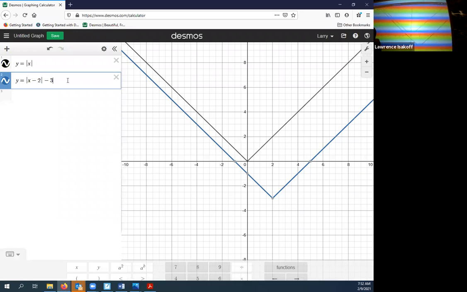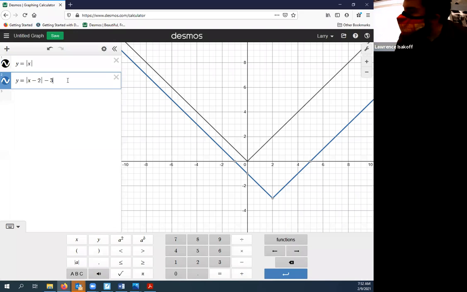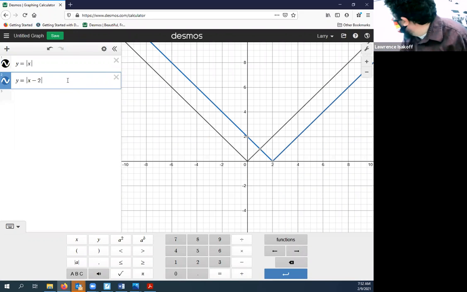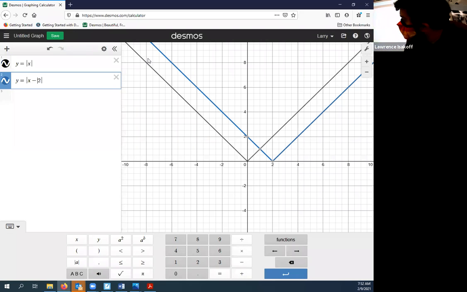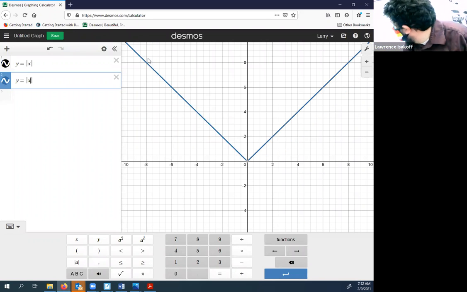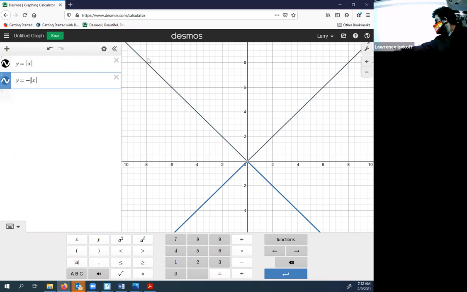Okay, so I already had that default y equals the absolute value of x. Let's just change out that one. Notice when I took out the minus 3, it shifted up. If I take out this minus 2, it shifts back to where the original function was. If I put a minus in front, now it flips upside down.